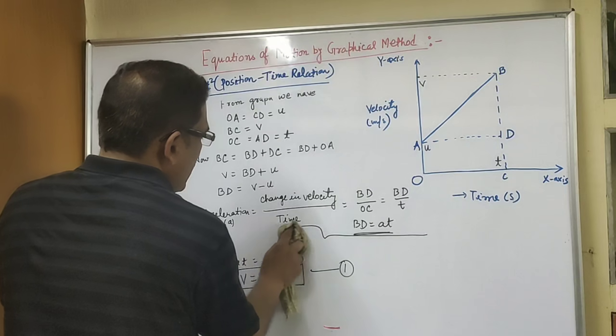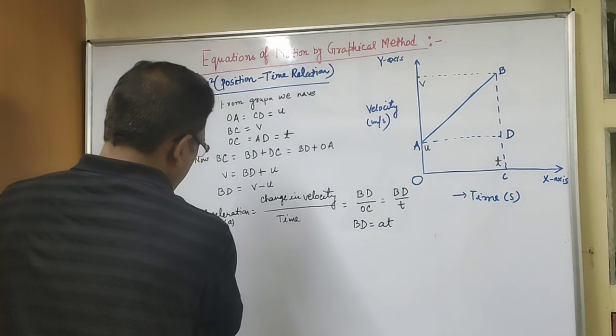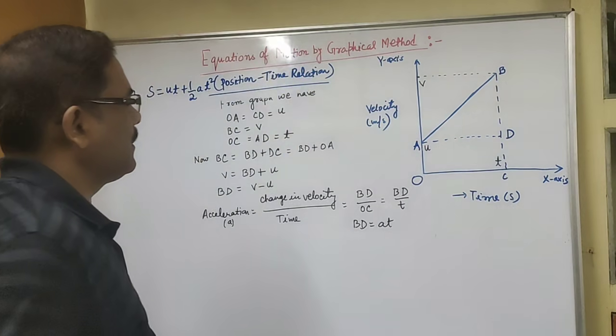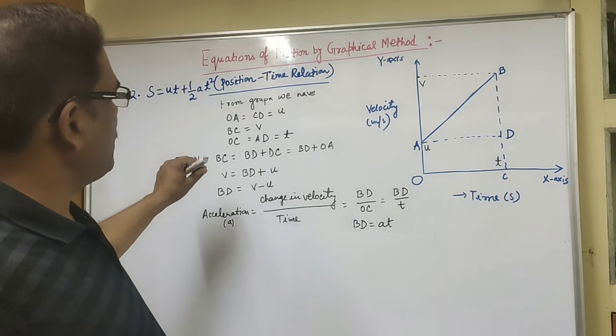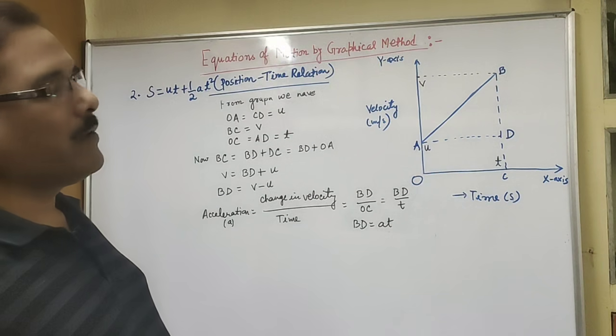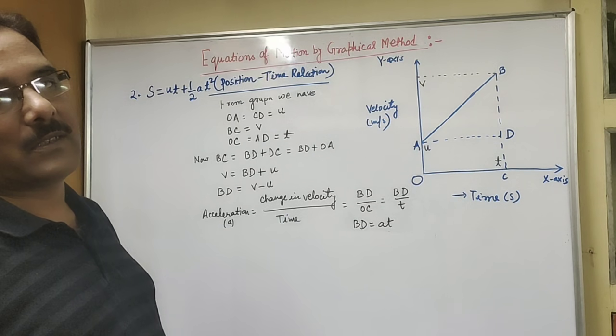Now for position time relation, as I have said that this much is common, it means you have to draw the graph, you have to describe it in short, and BD is equal to AT. Now how can we calculate distance or magnitude of displacement from a velocity time graph?